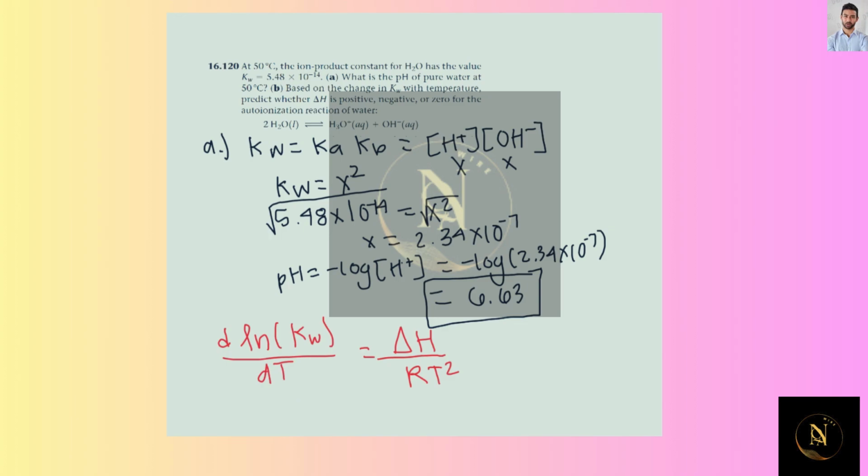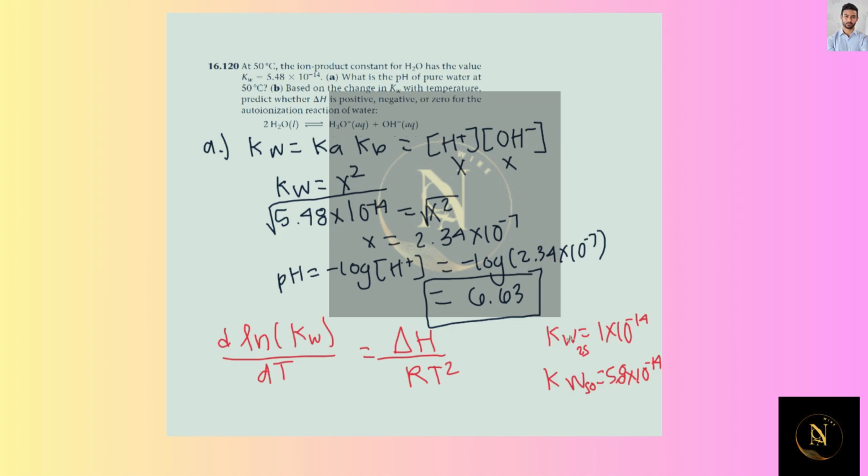So to know whether your delta H is positive or negative, the sign of the left-hand side of the equation is checked. If the number is positive, then the K value increases. We go from the original Kw at 25 degrees Celsius, which is 1 times 10 to the negative 14th, to the Kw that we're working with, which is 5.48 times 10 to the negative 14th.